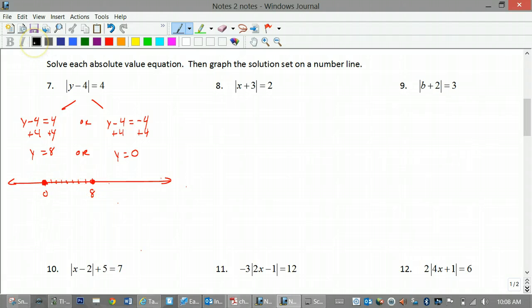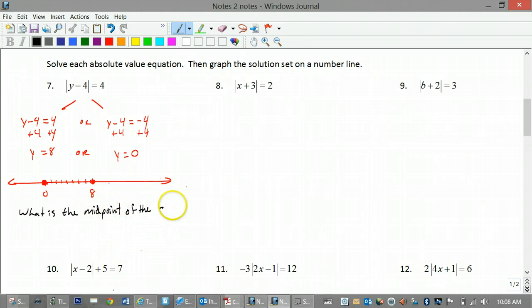Here's my question. I want to ask you 2 questions about this to deepen our understanding of what we're doing. What is the midpoint of the solutions?